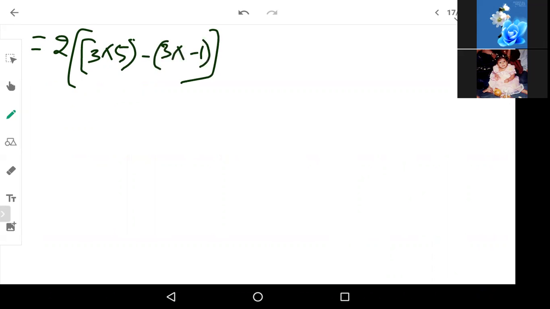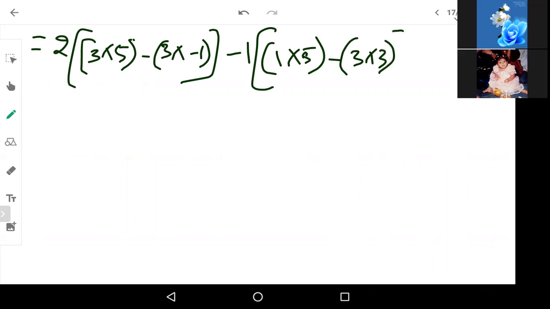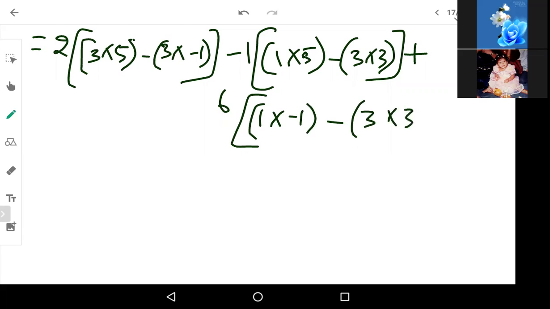So 2 into 3 into 5 minus 3 into minus 1, minus 1 into 1 into 5 minus 3 into 3, plus 6 into 1 into minus 1 minus 3 into 3.